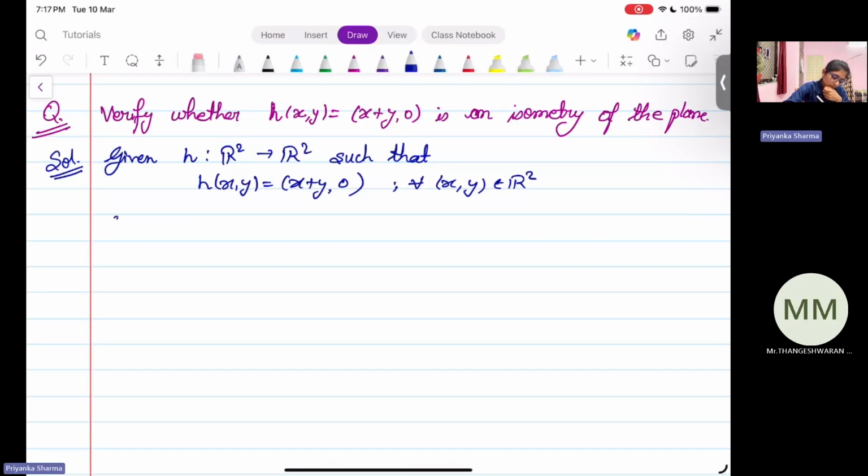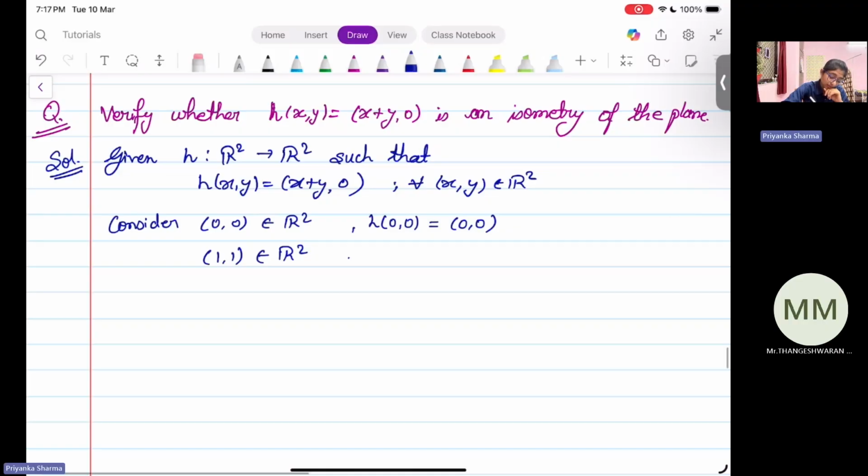Okay, so consider these two points, (0, 0) belonging to R square and (1, 1) belonging to R square. What will be their images under this map? At (0, 0), this will be (0 plus 0, 0), that is (0, 0) again. That is, yep, it fixes the origin. And what is H(1, 1)? It is (1 plus 1, 0), that is (2, 0).